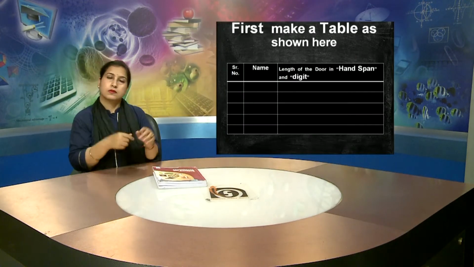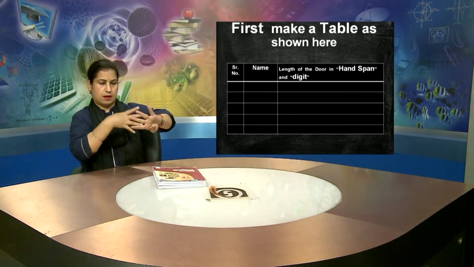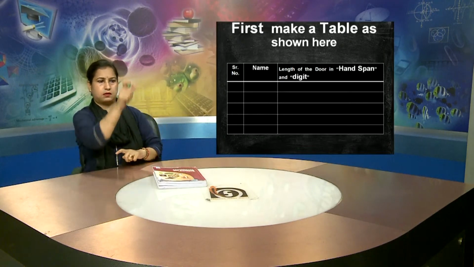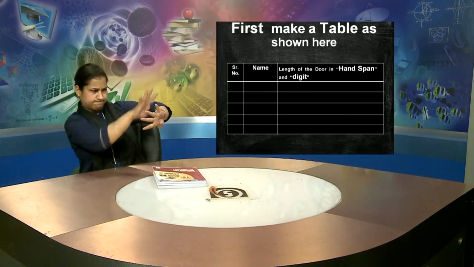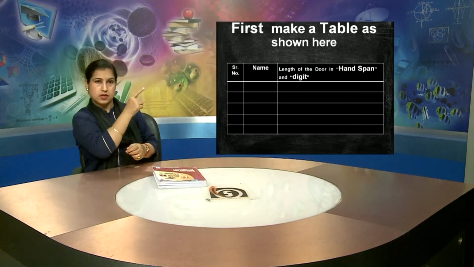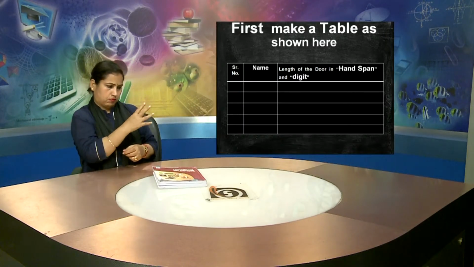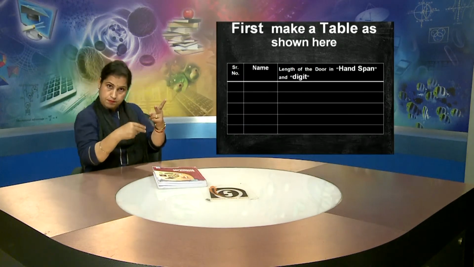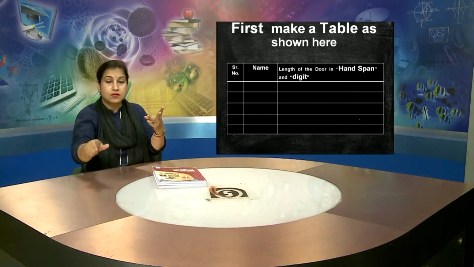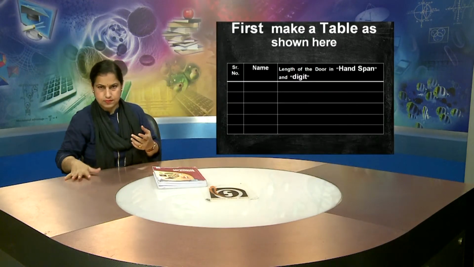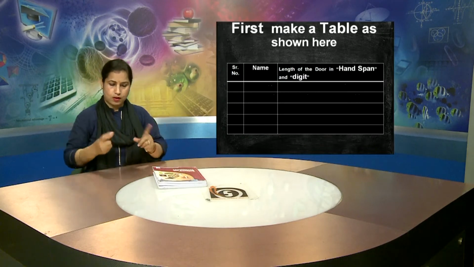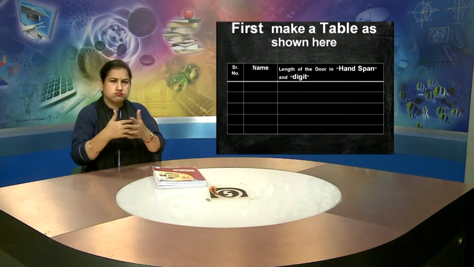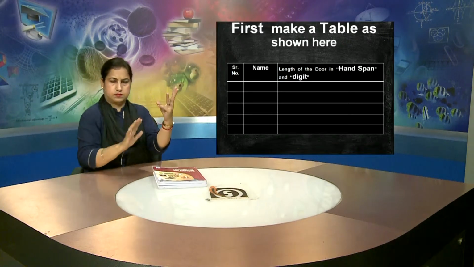First, make a table as shown here. In the first column, there is serial number. In the second column, name of the person. And in the last column, length of the door in hand span and digit.